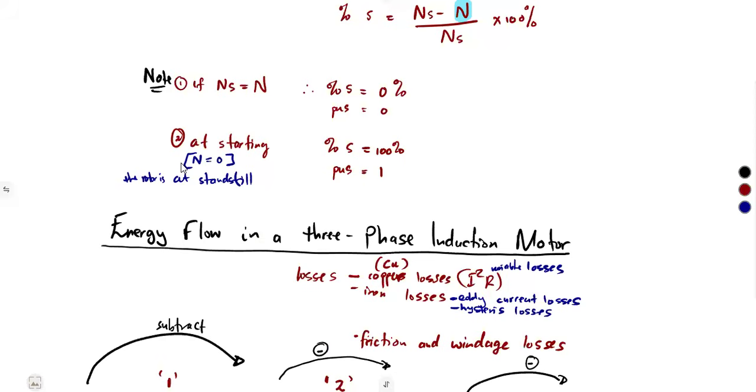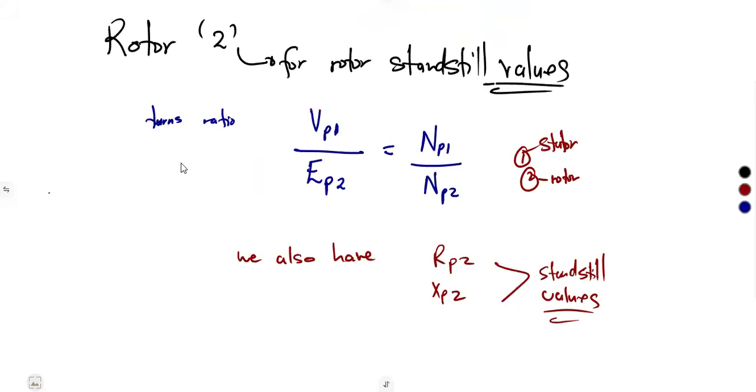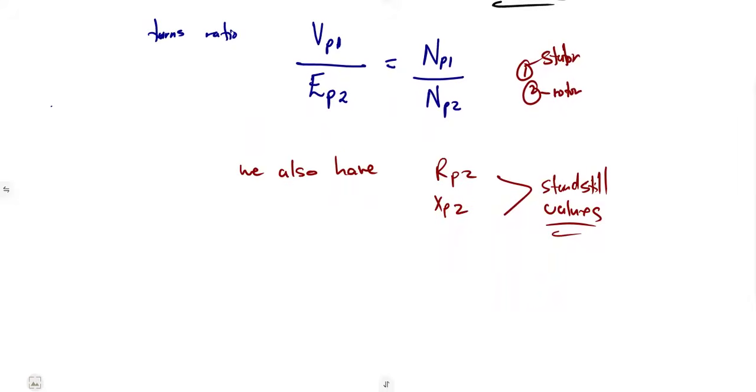But now we are saying when rotating, no longer at standstill. We are still in the rotor, but now we'll be considering rotating values when the rotor is now rotating.